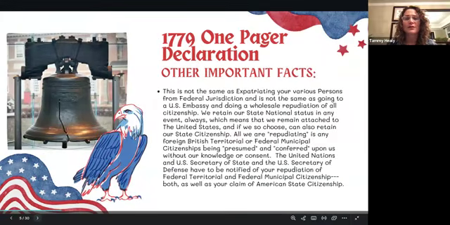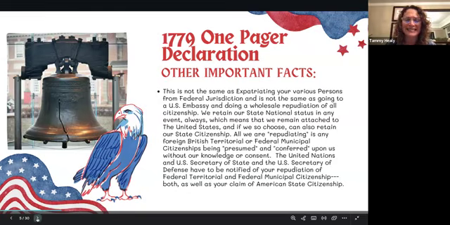So, other important facts about the 1779 one-pager declaration. This is not the same as expatriating your various persons from federal jurisdiction and is not the same as going to a U.S. embassy and doing a wholesale repudiation of all citizenship. We retain our state national status in any event, always, which means that we remain attached to the United States.